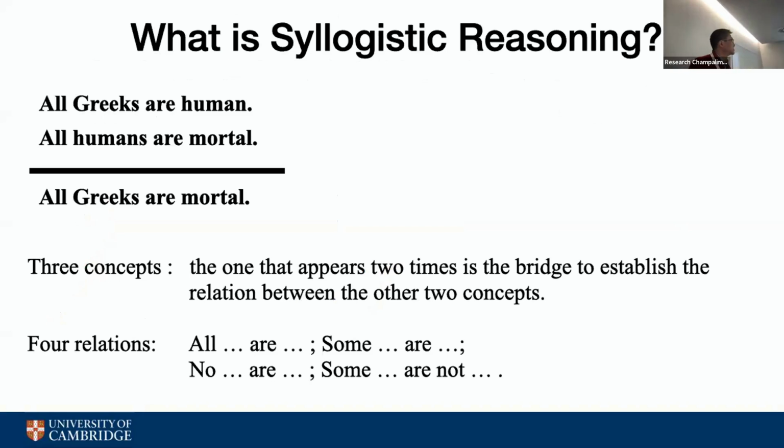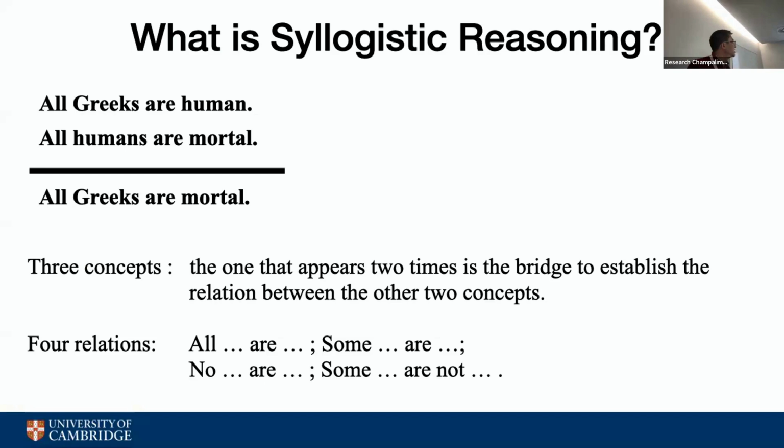So what is syllogistic reasoning? Are we familiar with the reasoning that all Greeks are human and all humans are mortal, therefore all Greeks are mortal? Syllogistic reasoning is quite simple: only two premises with one conclusion, reasoning about three concepts and a limited set of four relations.